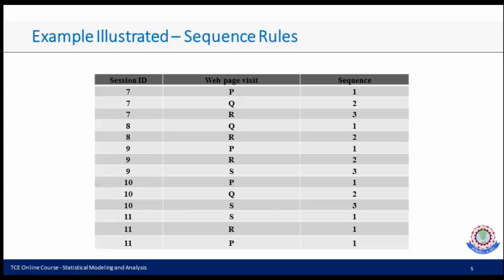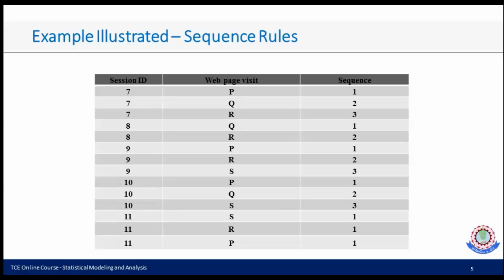Consider the first session ID 7, the page visits are P, Q and R followed by a sequence. Similarly, all these sessions have been visited by a specified user with a predetermined sequence.